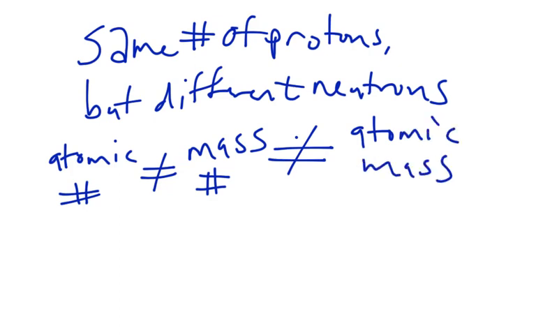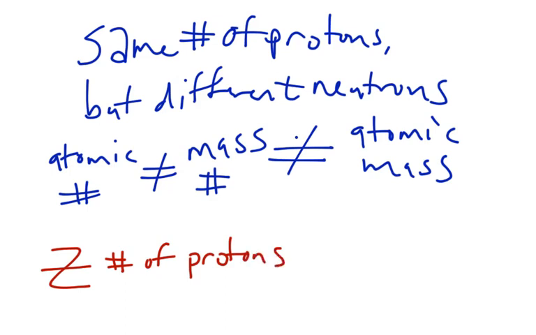So let's go back to atomic number. Atomic number is abbreviated with a Z, and is just a fancy name for the number of protons in an atom. It typically can be found above the element on the periodic table, and it is always a whole number.